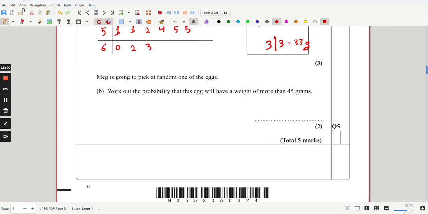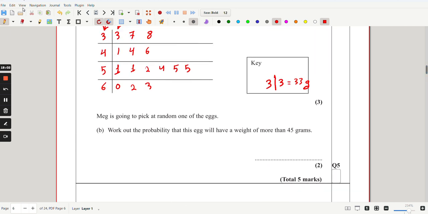Now here we have a question. Meg is going to pick at random one of the eggs. Work out the probability that this egg will have a weight of more than 45 grams. More than, not equal to 45, but more. More than 45, we have 46, 51, 51, 52, 54, 55, 55, 60, 62, and 63.